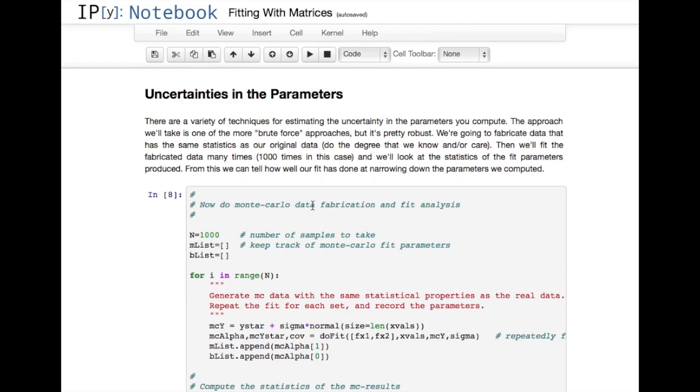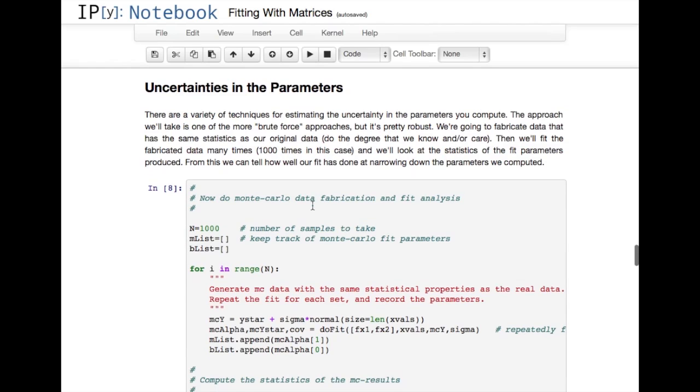And then we reapply our fit technique to this statistically similar but fabricated data many times, and look at the variation of the fit parameters as we repeatedly fit this pseudo fabricated data. So let's see how that works.